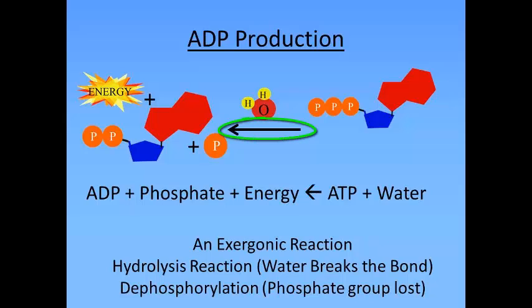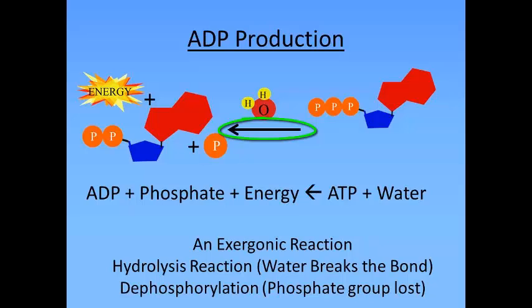If you'll think back to when I discussed reactions and your products and reactants, I mentioned that reactions can go both ways. So here I flip the arrow around to take us from ATP and water back to ADP and phosphate and energy, and this releases the energy. So when energy exits, you have an exergonic reaction. Here, there's no water coming out of the reaction.